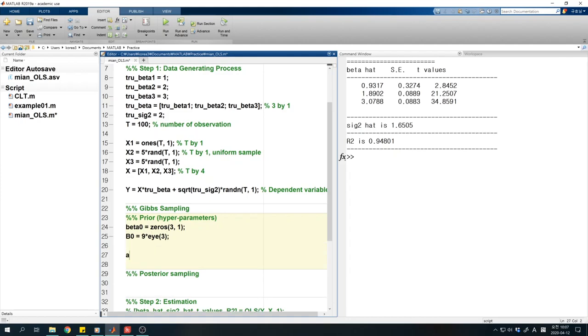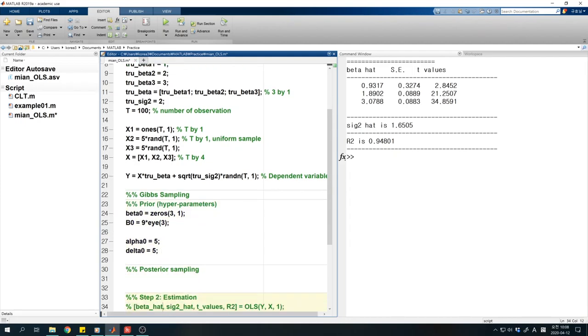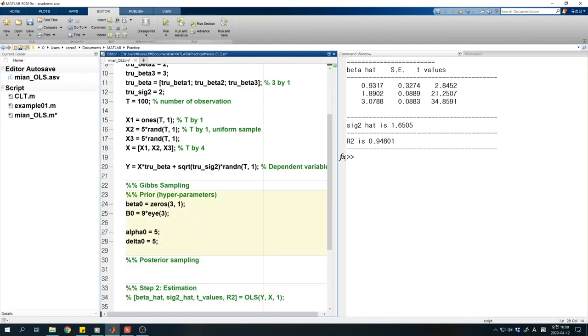And now alpha 0 and delta 0. Alpha 0 and delta 0 are the hyperparameters for sigma square. So I'll say alpha 0 is 5 and delta 0 is also 5. It means what?